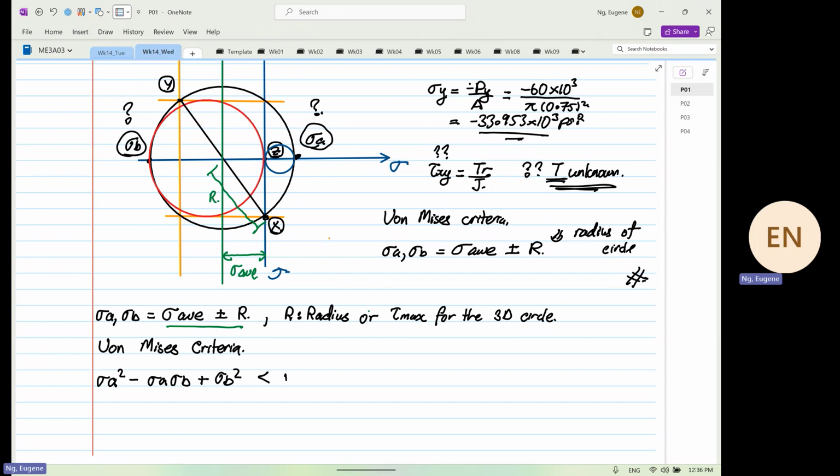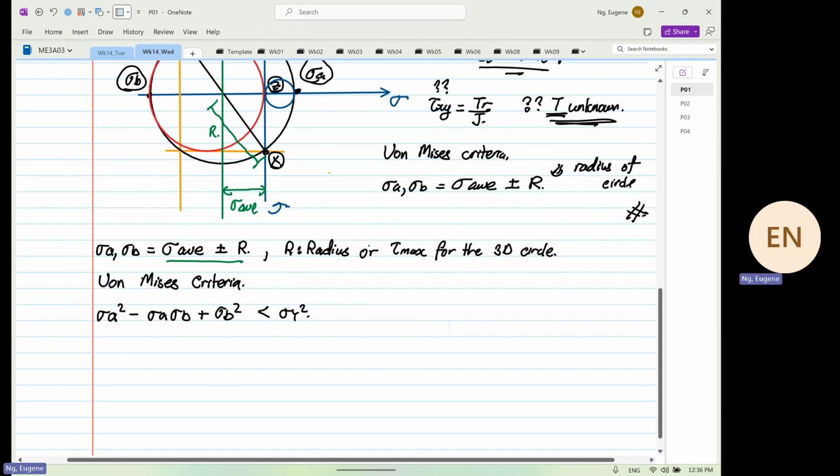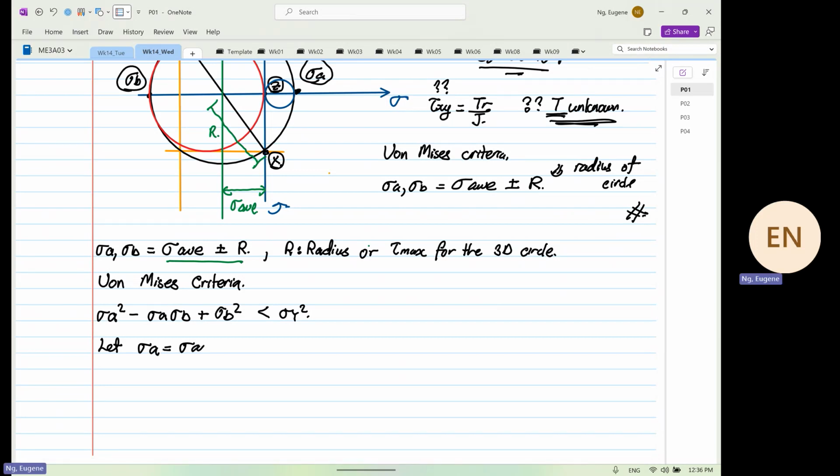And we know that it has to be smaller than the stress U squared. So this is the formula. So we are going to let stress A be equal to stress average plus R. And we're going to let stress B be equal to stress average minus R.